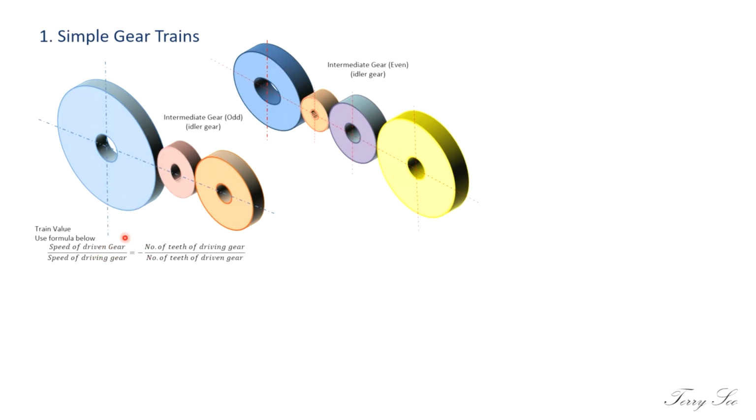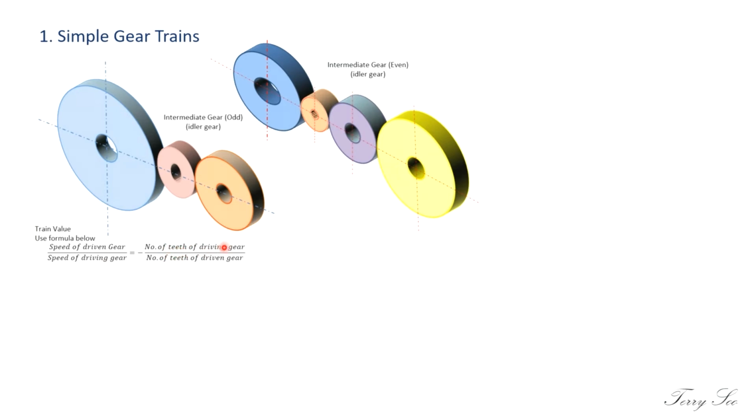That is why it's opposite. So if I put driven over driver on one side, the number of teeth should have driver over driven. If this side I put driver over driven, then the other side should be driven over driver. It's always opposite between the speed and the number of teeth.